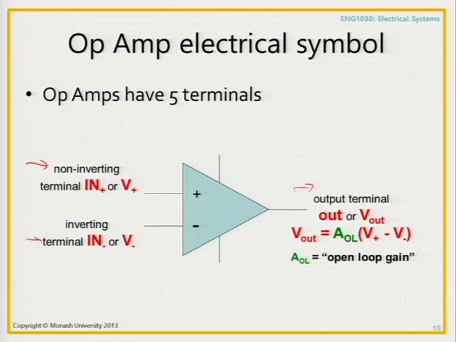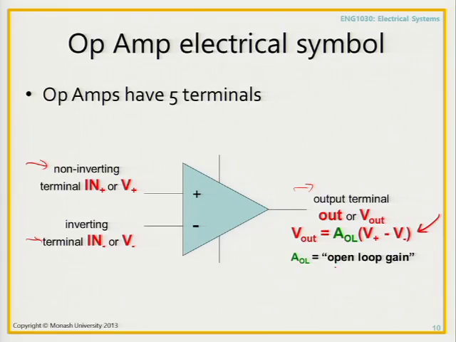Now, the output voltage can be calculated relative to the 2 input voltages on the terminals V plus and V minus, and that can be done via this equation: V out equals AOL times (V plus minus V minus). You notice that V plus minus V minus is the difference in voltage between these 2 terminals.